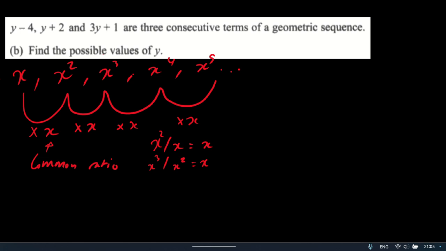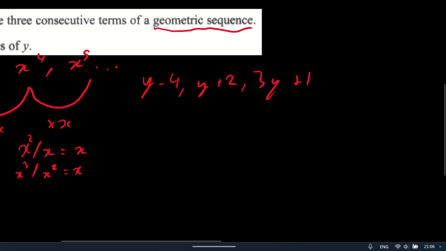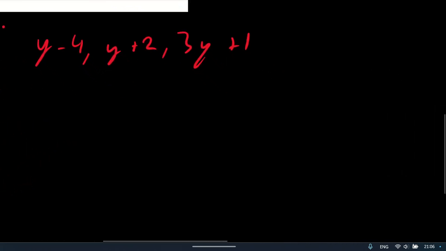So we are told that y minus 4, y plus 2, and 3y plus 1 are 3 consecutive terms in a geometric sequence. Find the possible values of y. So let's see. If you put y minus 4, y plus 2, and 3y plus 1 next to each other, what is the common ratio?